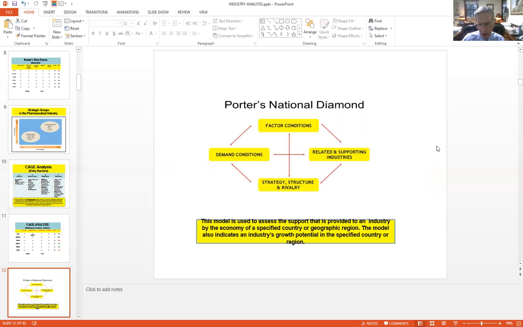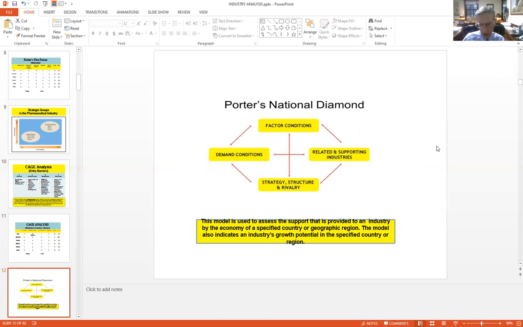Now we have a model that was designed almost specifically for that purpose, to identify what economic conditions support an industry and accordingly its growth. And once again, we can use this, almost have to use this model, to assess differences between geographic areas.